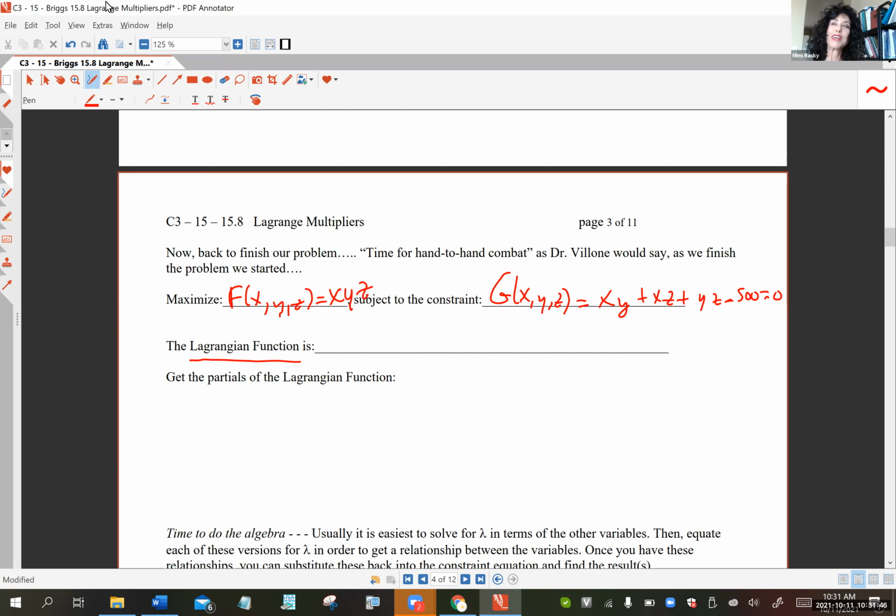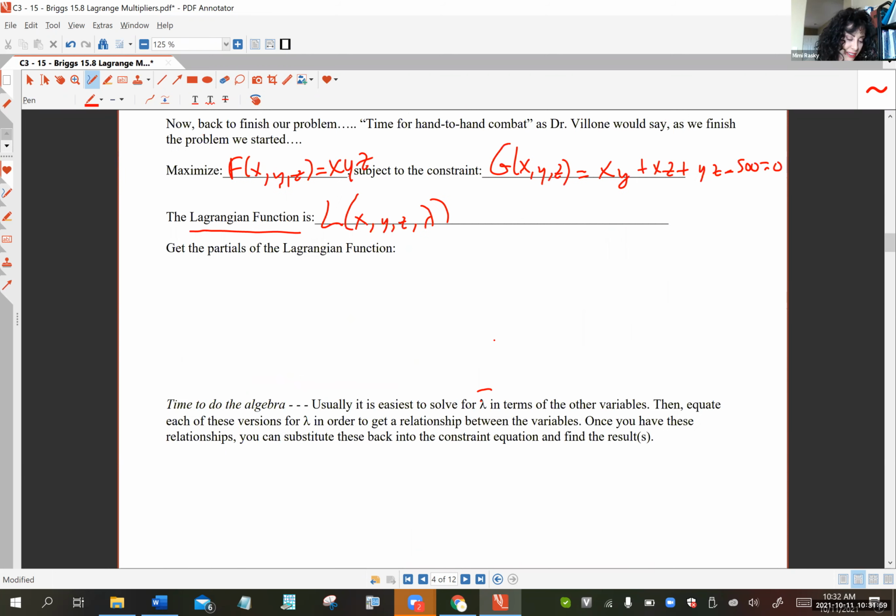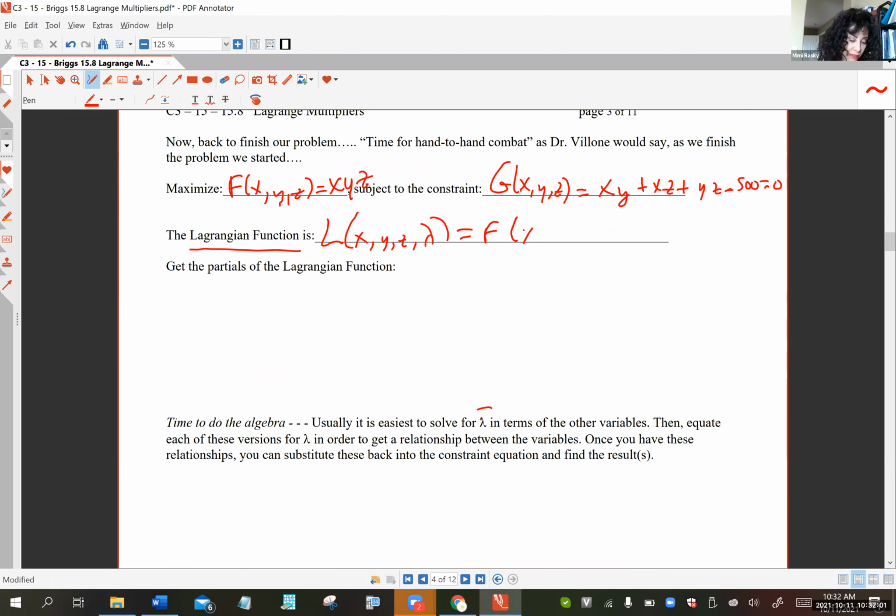And so the Lagrangian function, and this is what I want you to do on your handwritten work to get full credit, we call it big L. And big L is a function of 4 variables, x, y, z, and this lambda variable. And that's always going to be equal to f of x, y, z minus the lambda, the Lagrange multiplier, times your big G. So what does the Lagrangian look like for us?